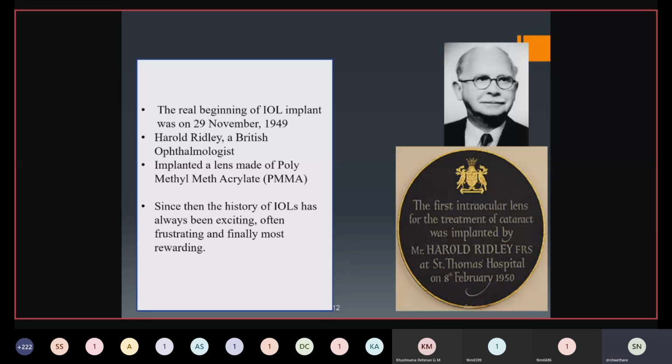So he realized that this acrylic plastic is very biocompatible. If it stays in the eye, then the body will not treat it like a foreign body or an antigen, and will not mount an inflammatory reaction. So he observed that acrylic plastic is very inert.